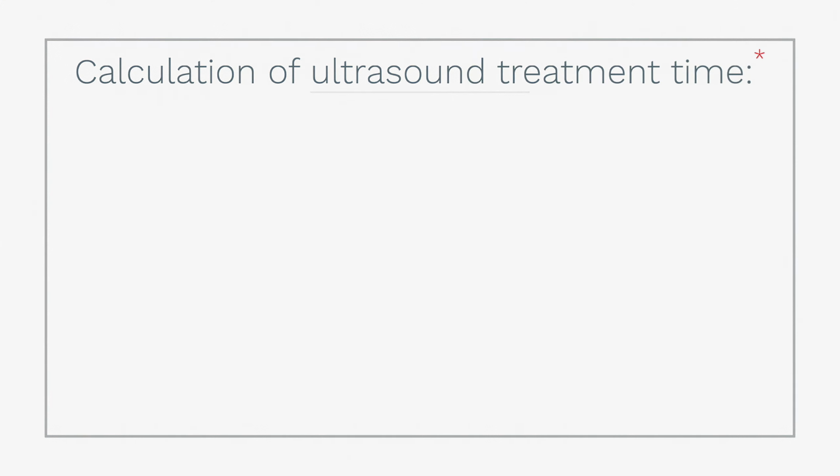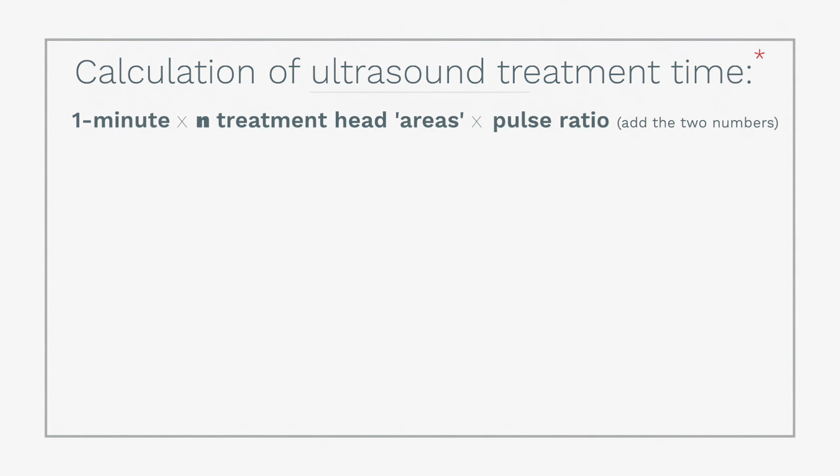When calculating the overall treatment time for ultrasound, the principle of 1 minute multiplied by the number of times the treatment head of the transducer fits within the injured area, multiplied by the pulse ratio, is followed, within the constraints that overall daily treatment time should not exceed 10 minutes for continuous ultrasound or 15 minutes for pulsed ultrasound.